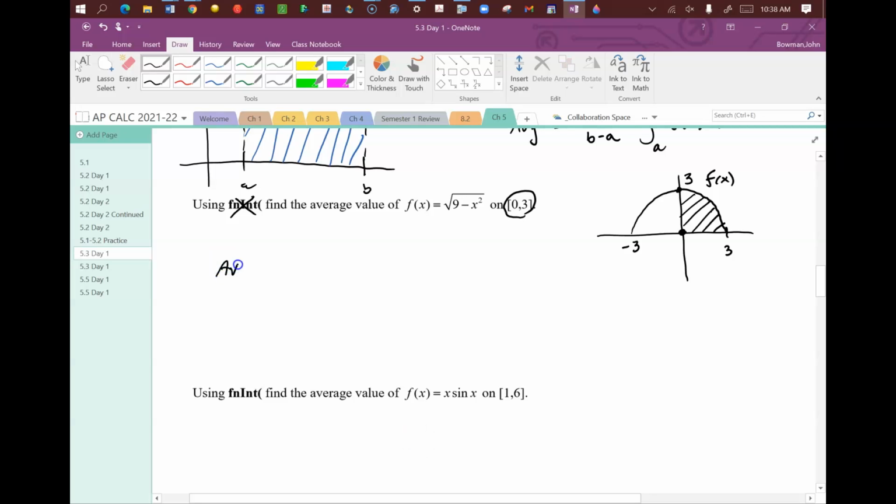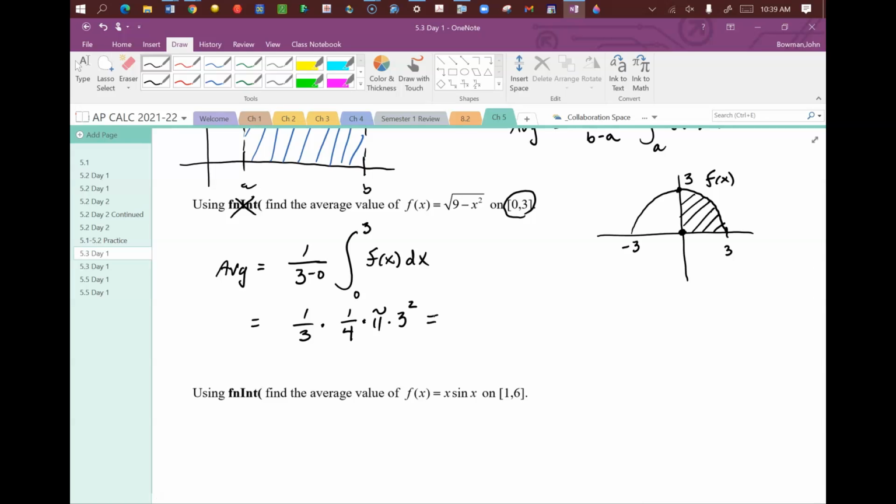So average value of the function is equal to 1/3, or 1 over 3 minus 0, times the integral from 0 to 3 of f of x dx. Well, since we know the geometry here, it's 1/3 times 1/4 times pi times 3 squared, and let's do a little simplifying there. So what do we end up with?